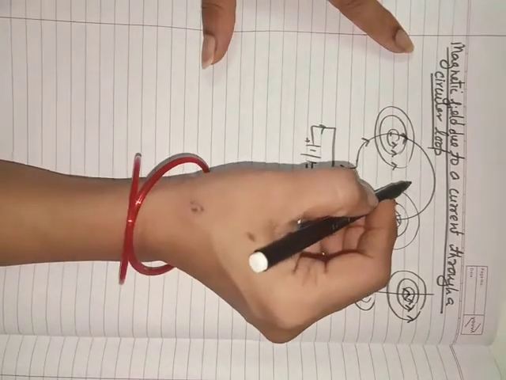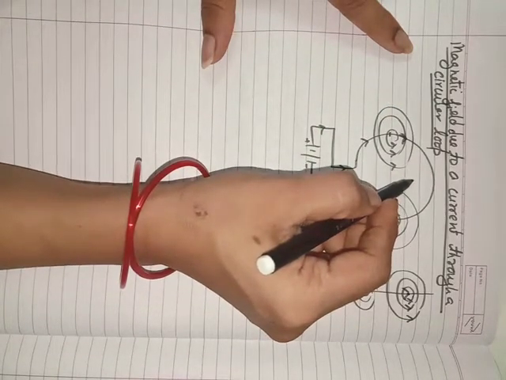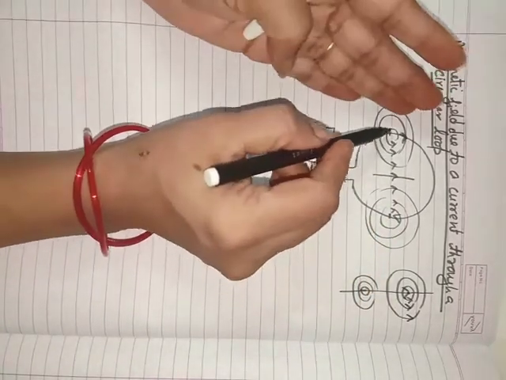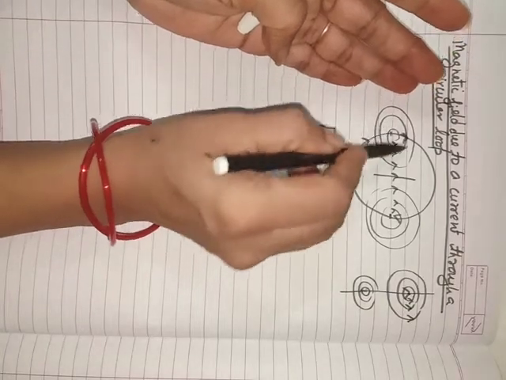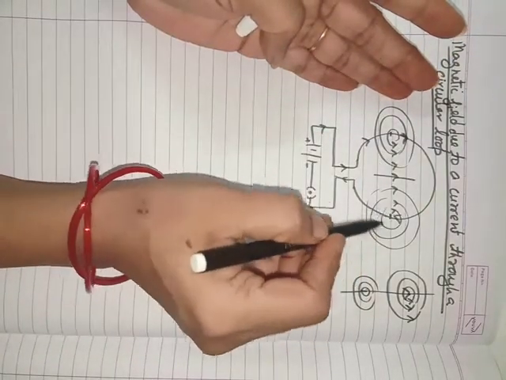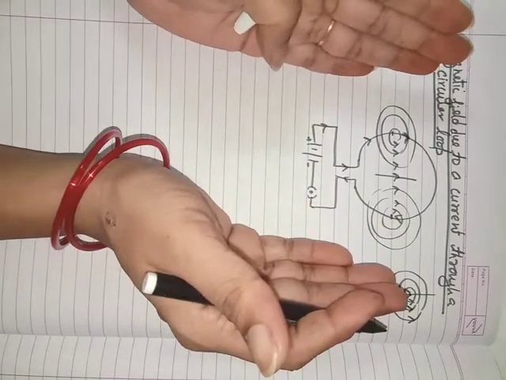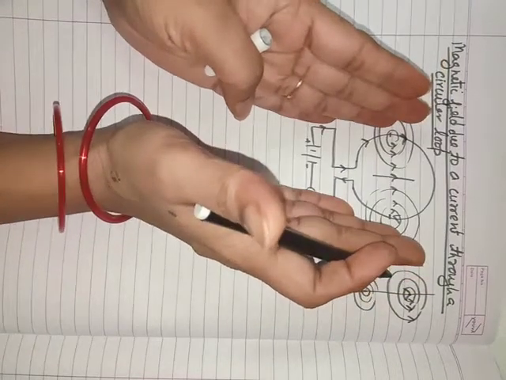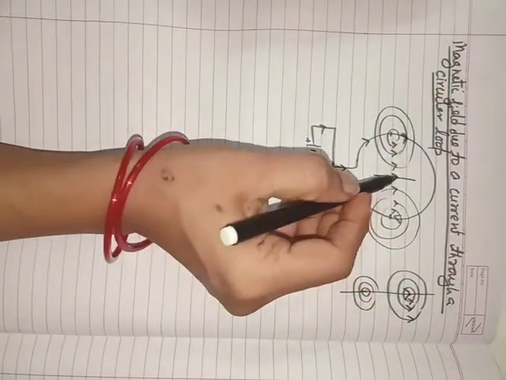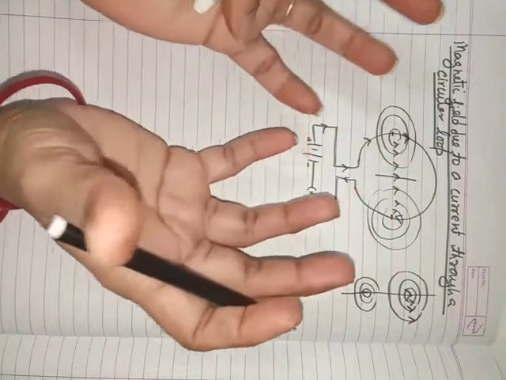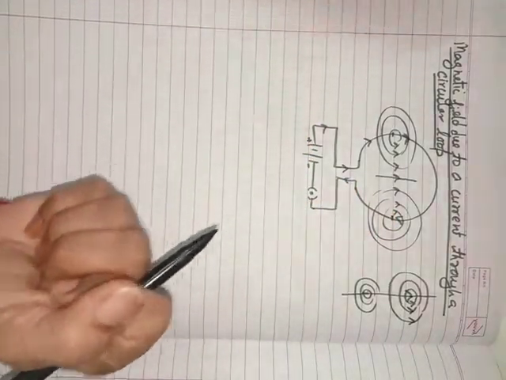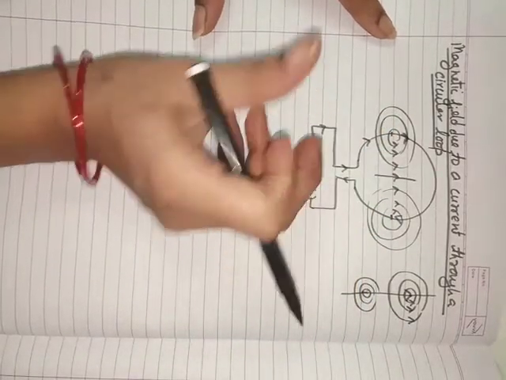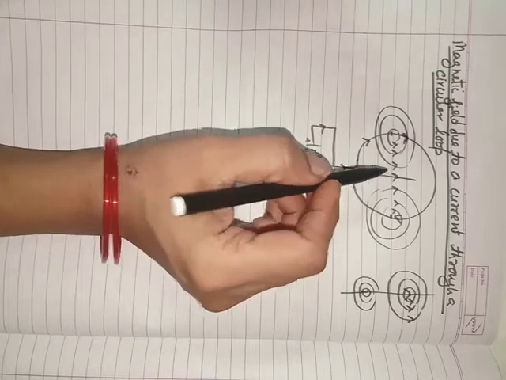At the center of the loop, we find that the magnetic field is a straight line, because the magnetic field produced by this part of the wire is like this and by this part is like this. Now what happens when both produce a magnetic field? The fields of both add up, and at the center the magnetic field produced has the higher strength. It is produced from here and from here, and when both combine, they increase the strength of the magnetic field.